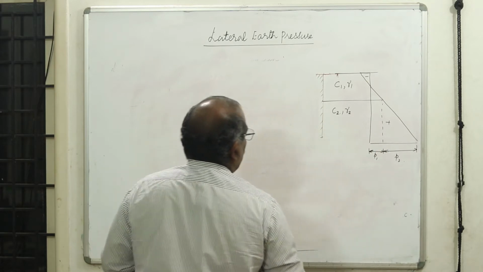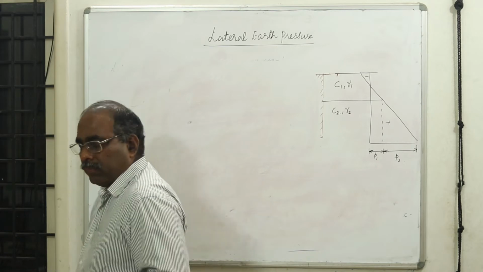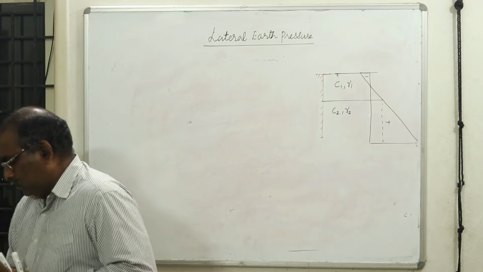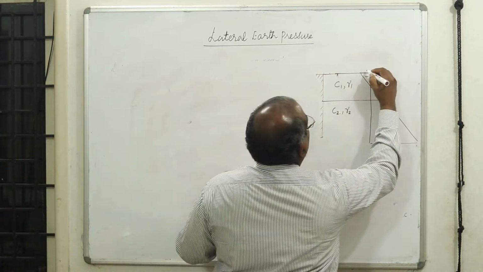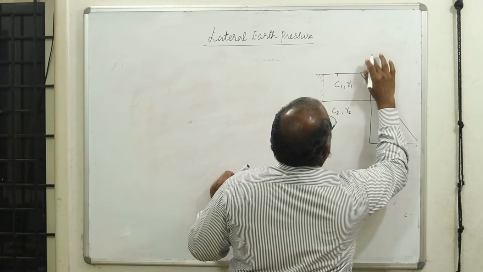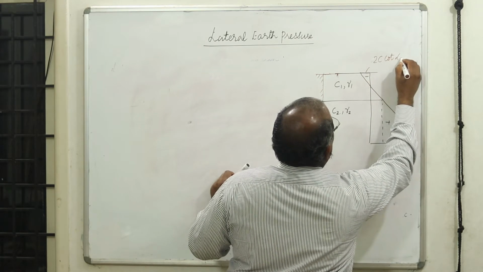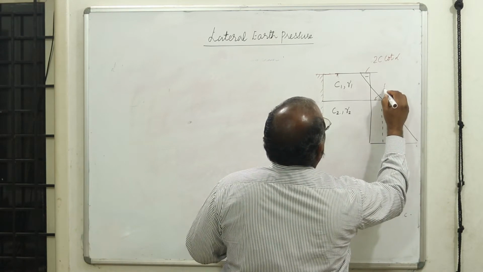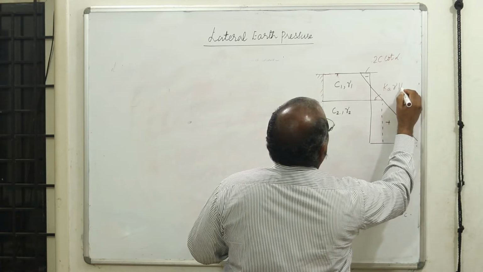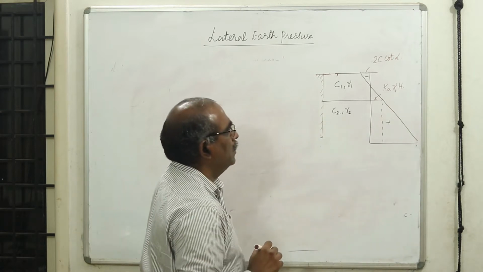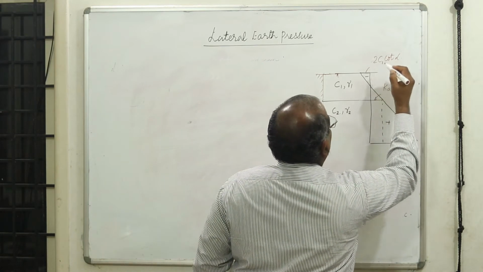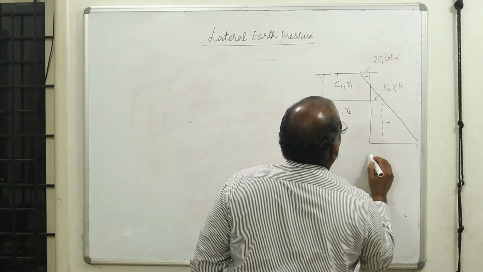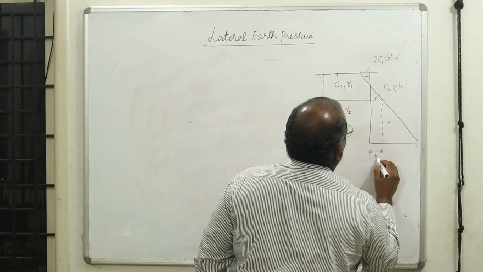Now in this case we need to find this one: the negative pressure is minus 2C cot alpha, and for this the pressure is Ka gamma H1. Here we are going to use C1, so this will also be C1, therefore minus 2C1 cot alpha. Let me write P1 here and this is P2.